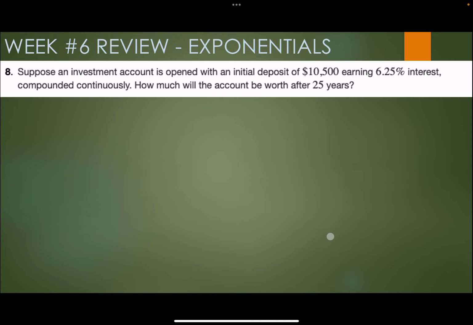Okay, so remember this equation is A equals P e to the rt, right? And so we're looking for the amount at the end. This P is 10,500. e to the interest rate, which is going to be 0.0625, and t is 25 years.